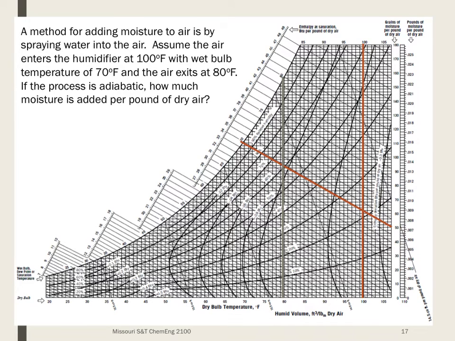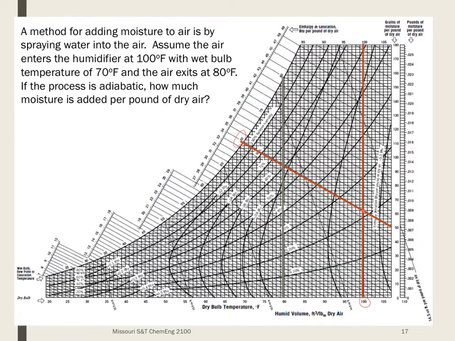So we've got our first system where it's 100 degrees with a dry bulb temperature of 100 and wet bulb of 70, and that intersection is shown here on the graph. We know that the air is going to exit at 80 degrees Fahrenheit. So again, that point is shown on the graph, right?